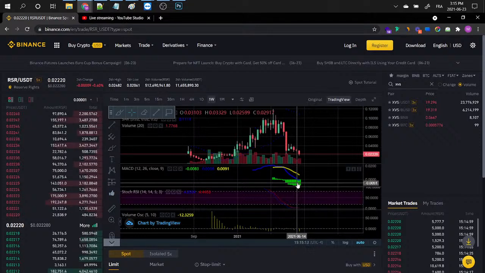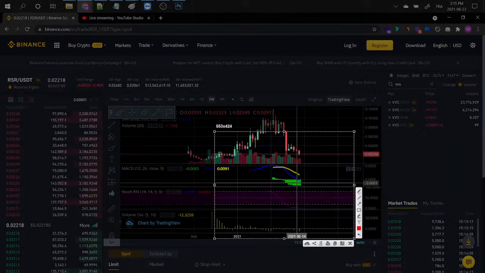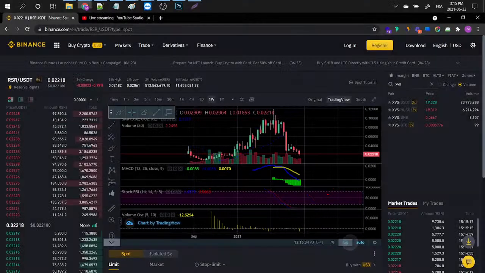I would definitely go in and purchase this token myself right now. The Reserve Rights, the RSR crypto asset, is a great asset to have right now. Check it out. You also have the stochastic RSI. It's currently almost finished with its cycle, and once it's done, then it's gonna repump again. So this is very, very important, guys.